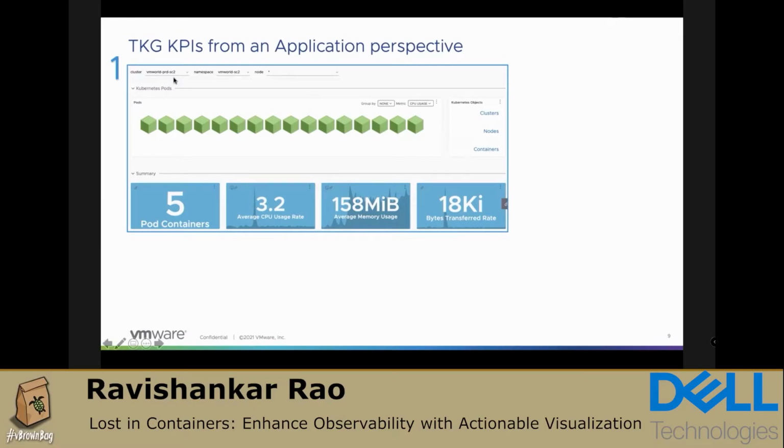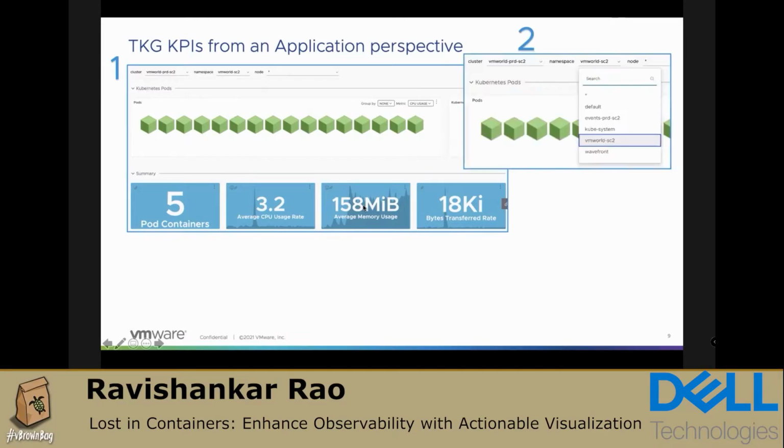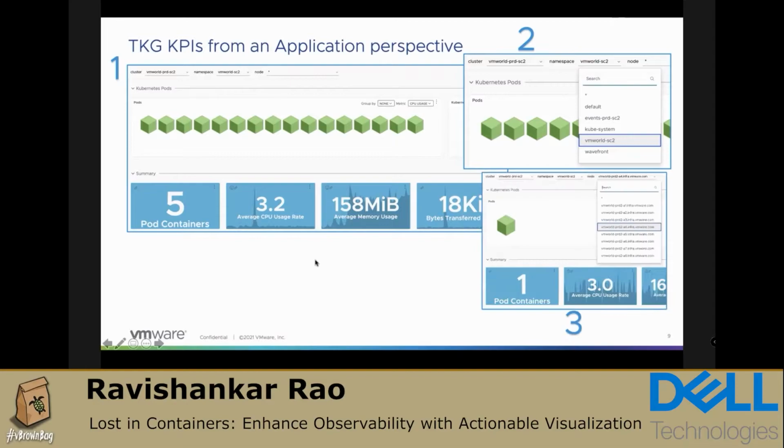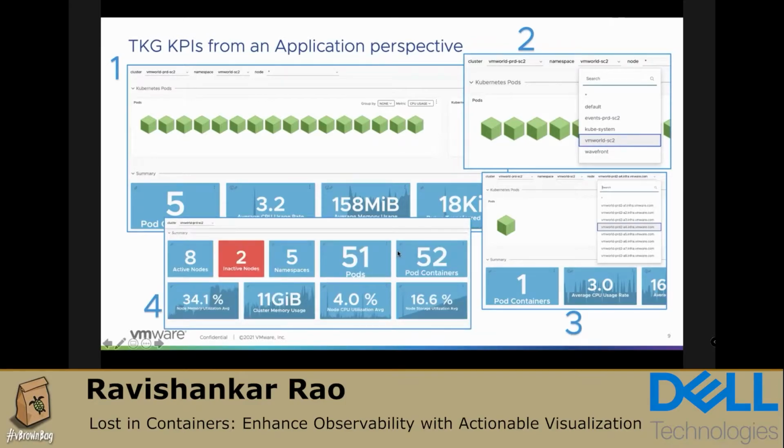So in the dropdown, I select the specific cluster and namespace pertaining to that particular application, and we see metrics only concerning that application. Now, once I select that, I can actually drill down and pick even a specific node within that cluster. I can also look at it holistically.